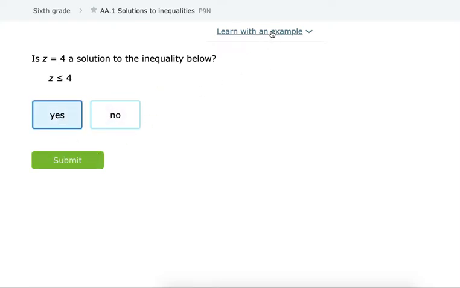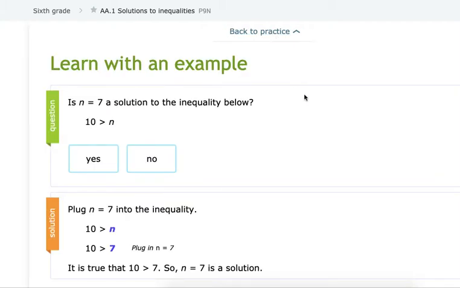But before we go on, I actually want to look at the example on this one, because if we look at this one, is n equals 7 a solution? In this case, we would put, is 10 less than 7? Is that a solution? And we can see down here they've done it for us.